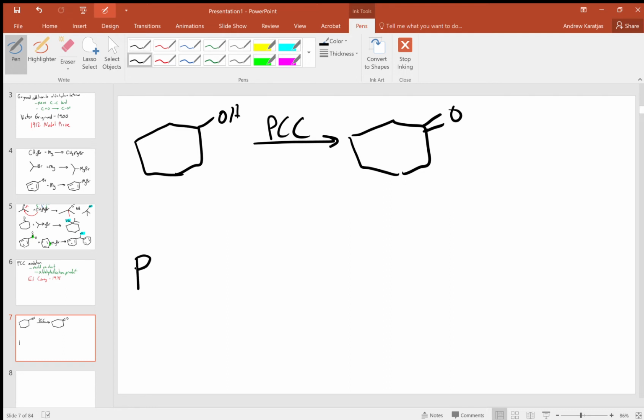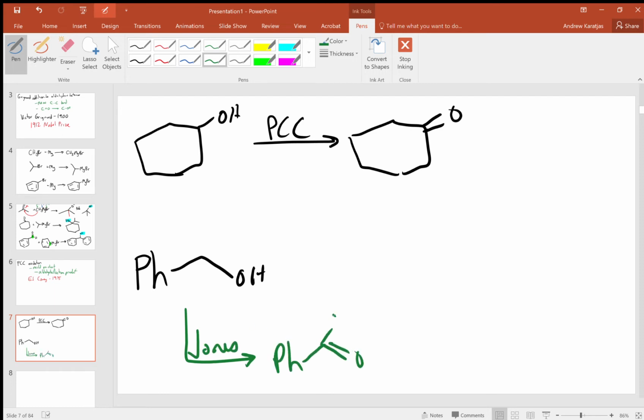But as we said a moment ago, the big difference is that Jones reagent will oxidize a secondary alcohol to a ketone, just like PCC does. But with Jones reagent, a primary alcohol gets oxidized all the way to a carboxylic acid.